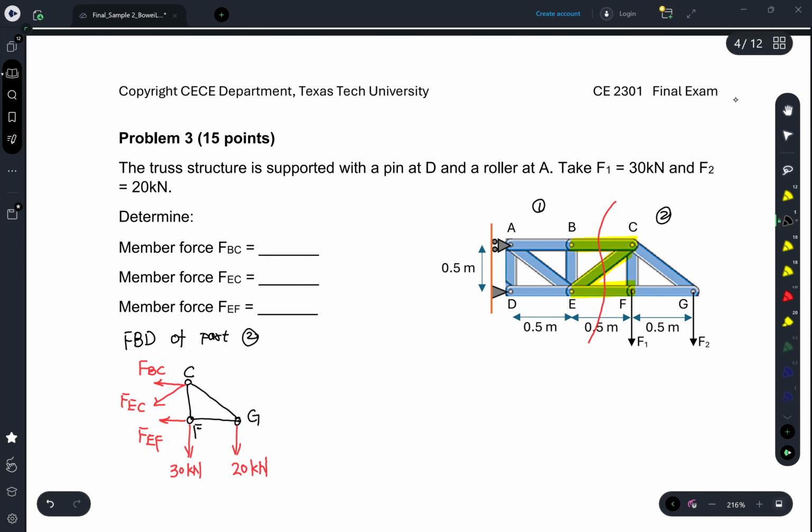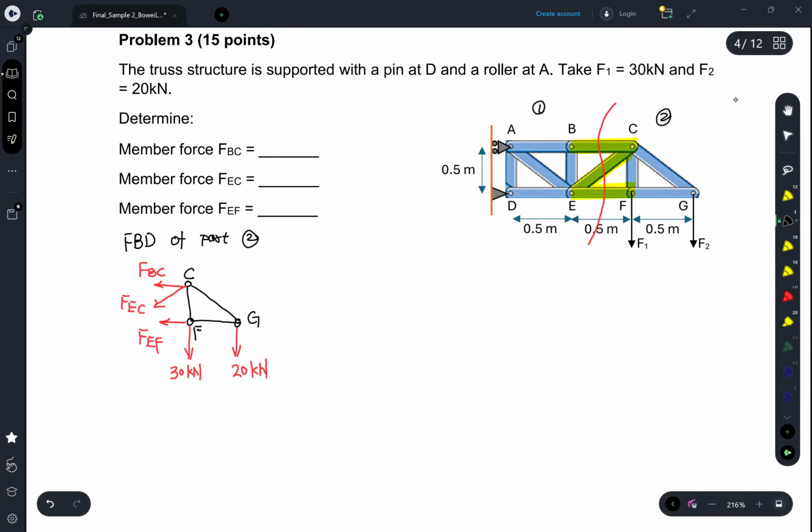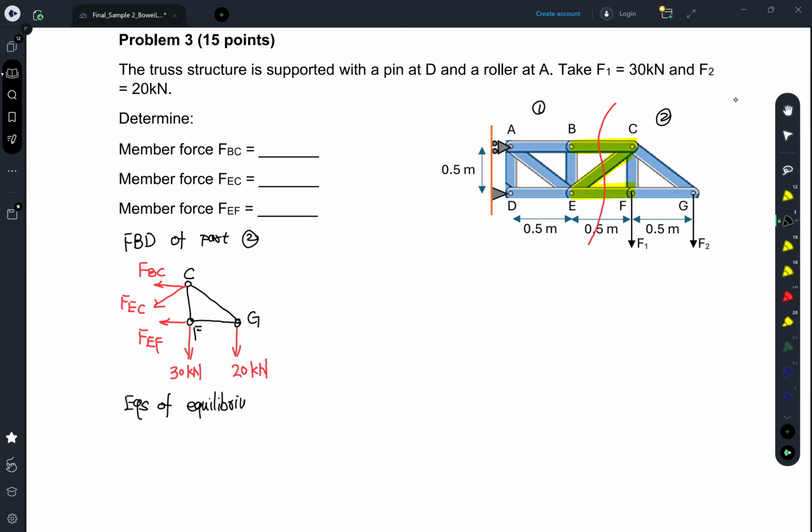Now we can establish equations of equilibrium. First, the summation of forces along the x direction equals 0. What do we have along the x direction here? We have FBC, which along the x direction is negative.